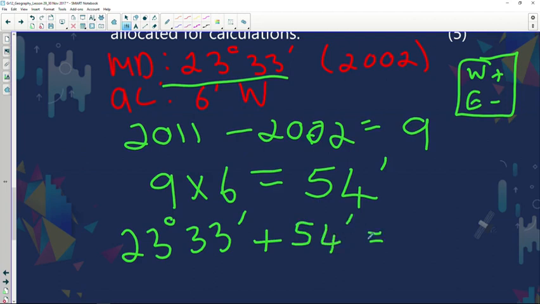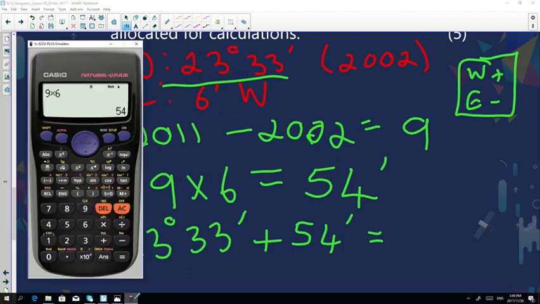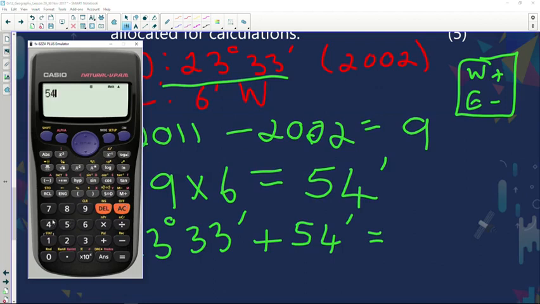Now remember, 1 degree equals 60 minutes. So let's quickly add just the minutes. 54 minutes plus 33 minutes equals 87 minutes.